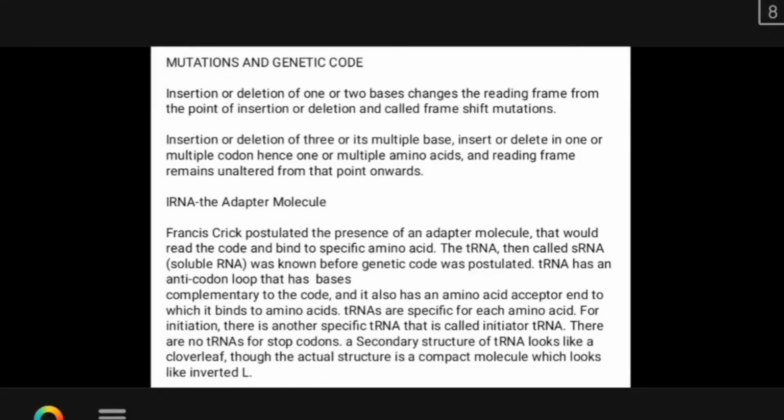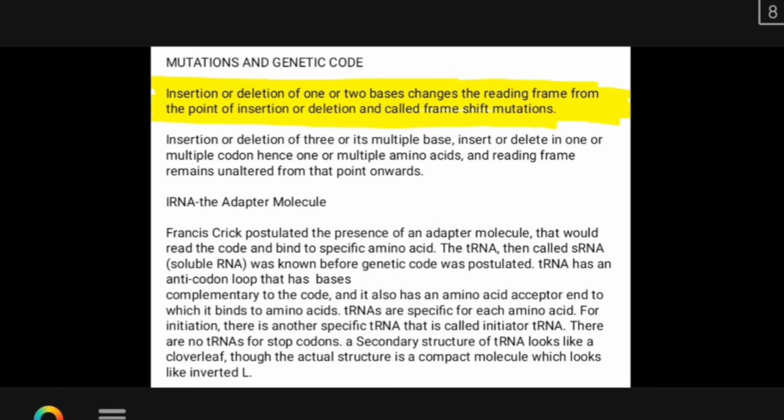Mutations and genetic code. Insertion or deletion of one or two bases changes the reading frame from the point of insertion or deletion and is called frame shift mutation. You must have read about this in the previous chapter of genetics, when we learned about chromosomal aberrations.